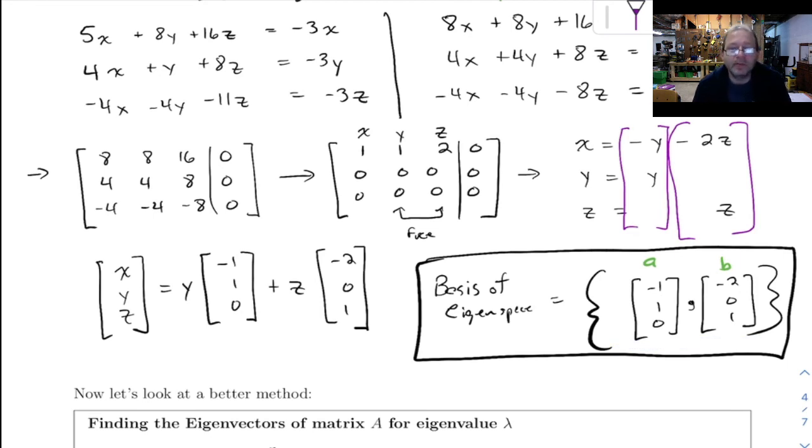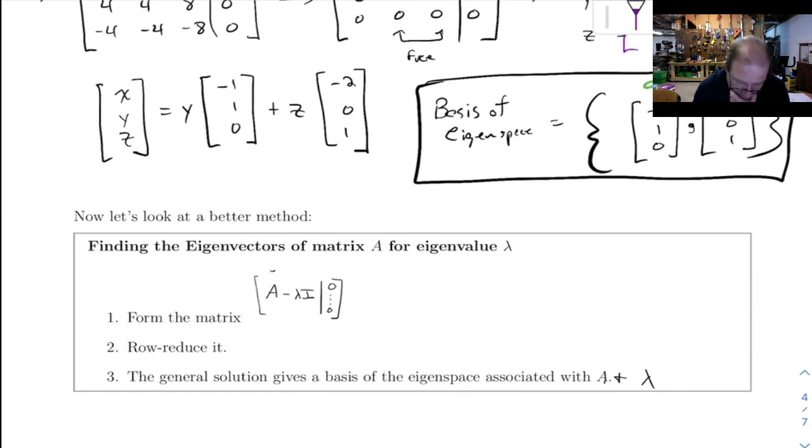Now that was doing this from just the definition. This is a more streamlined way of doing it. To find the eigenvectors that go with the given eigenvalue, you form this matrix here. This matrix is gotten by taking A and subtracting the eigenvalue off of the main diagonal.